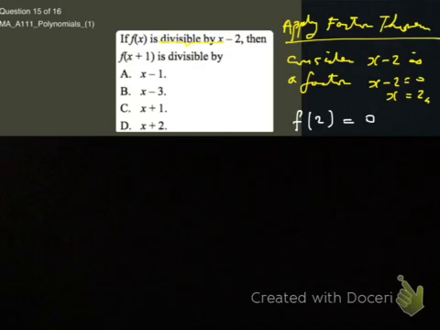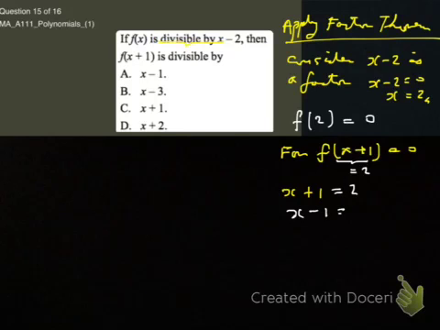Now the question here is, what is f of x plus 1 divisible by? If we consider that f of 2 is equal to 0, then for f of x plus 1, if x plus 1 is equal to 2, then we have a 0 remainder.